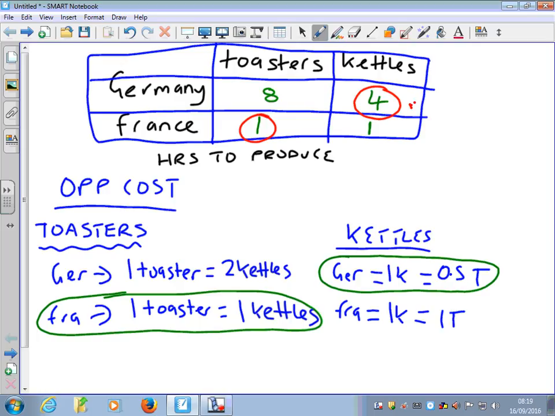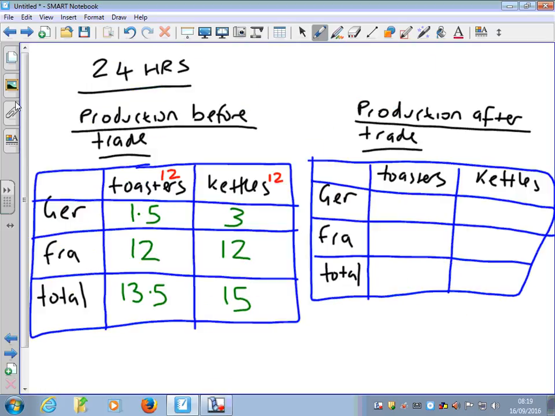The French have got the comparative advantage at toasters. So the Germans should focus mainly on the production of kettles. So what I'm going to assume is the Germans now decide that they will dedicate 0 hours to toaster production in this 24-hour period, which means they make 0 toasters.